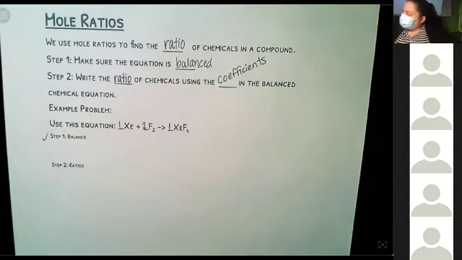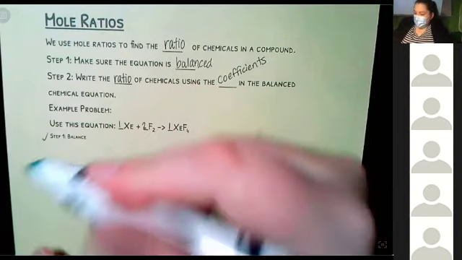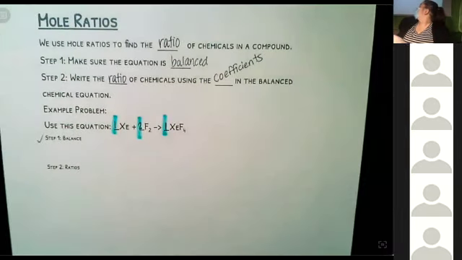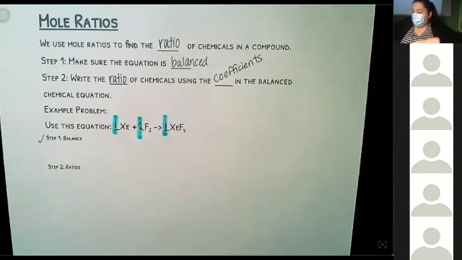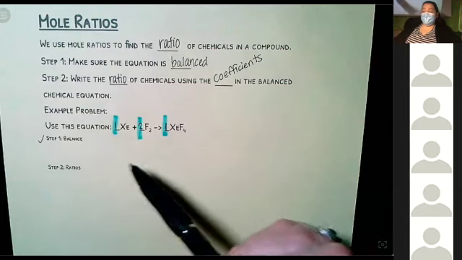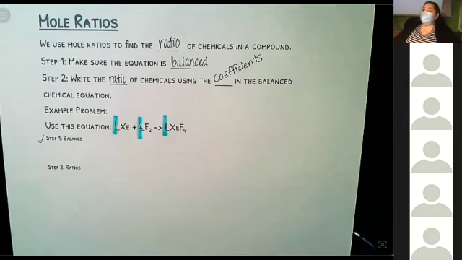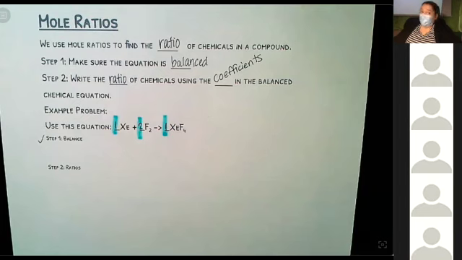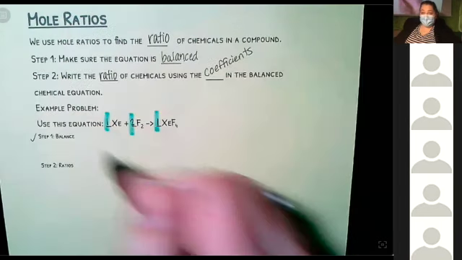However, what I will do is highlight these for you, because I'm going to show you how we write our ratios. By the way, really the hardest part of this whole thing for mole ratios is making sure that the equation is balanced. That's the hardest part. The actual ratio portion is not, there's no math, by the way, for this part.